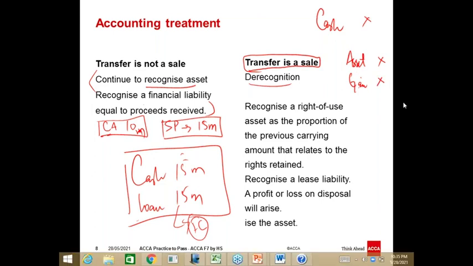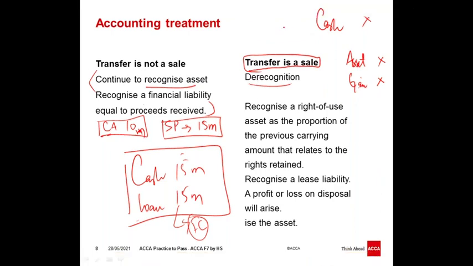That's the normal accounting entry. Transfer means we are going to sell the asset, but whether this transfer is an actual sale or not, that's what we are discussing here. So the accounting entry should be cash debit, asset credit, and gain credit.